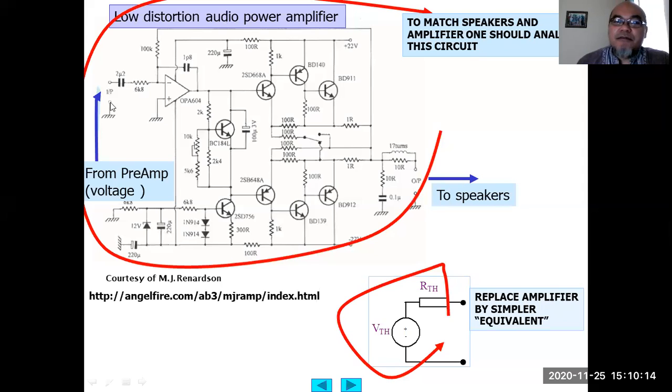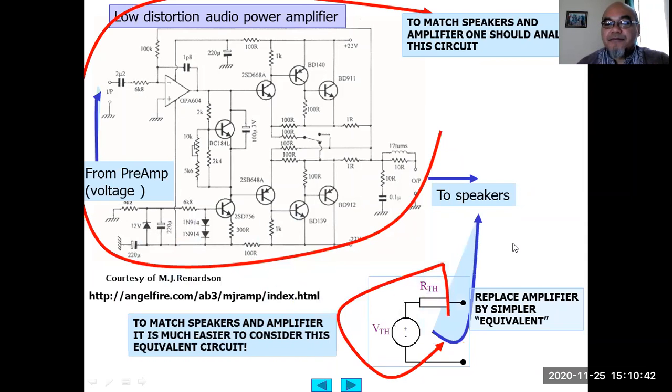So here, the whole amplifier can be replaced by an equivalent independent voltage source in series with a resistance. This is called the Thevenin approach. If it is an independent voltage source in series with a resistance, it is called the Thevenin theorem replacement. So to match speakers and amplifiers, it is much easier to consider the whole amplifier as a simple equivalent circuit here.